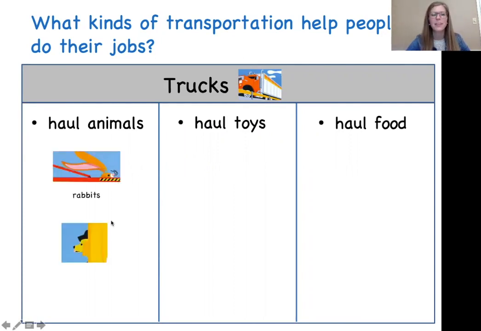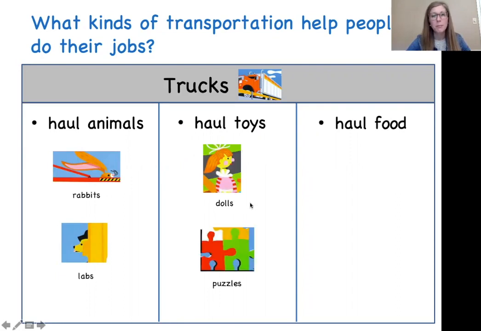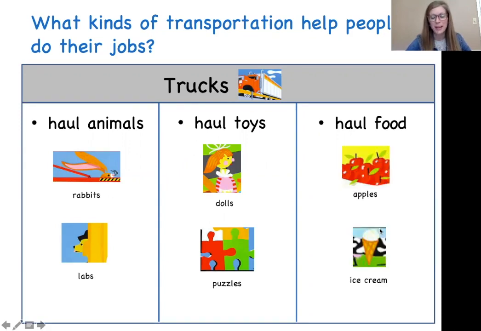Rabbits and labs. What type of toys do you remember? We added dolls to our concept map and puzzles last week, but we said that there were other toys you might have remembered too from the story. What type of food do you remember? Apples that were going to be turned into apple juice and ice cream.